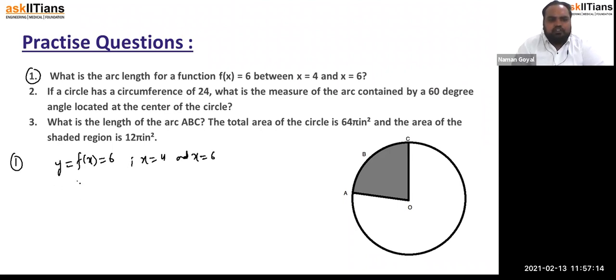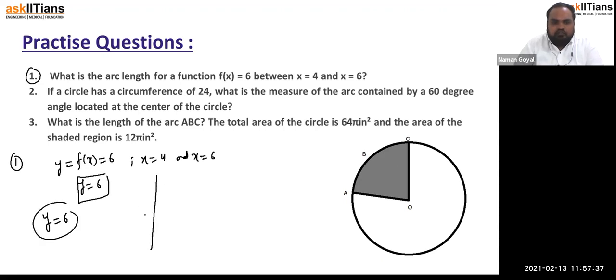So if you see, the function is in the form y equals constant. So first of all, it is not a circle, it is a straight line parallel to the x-axis, right?